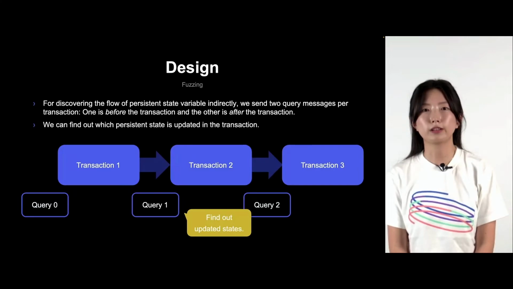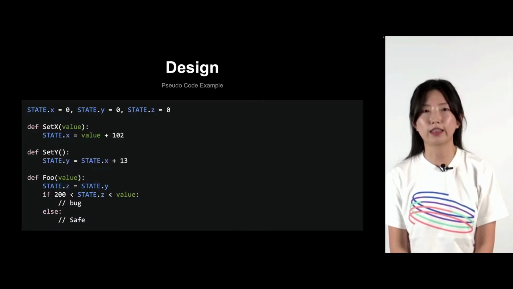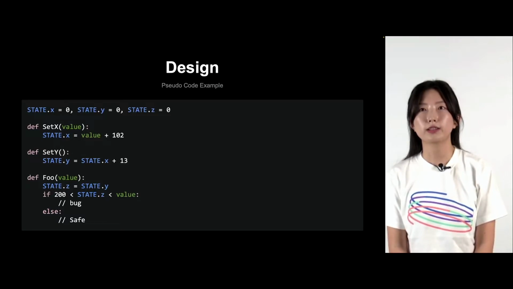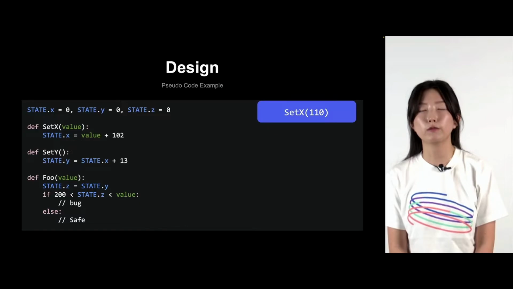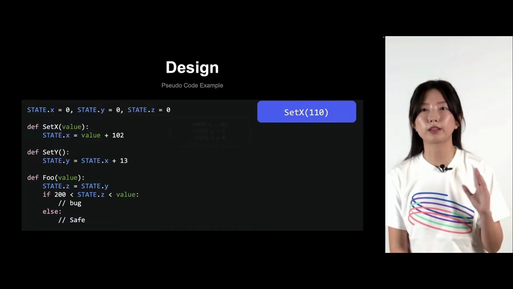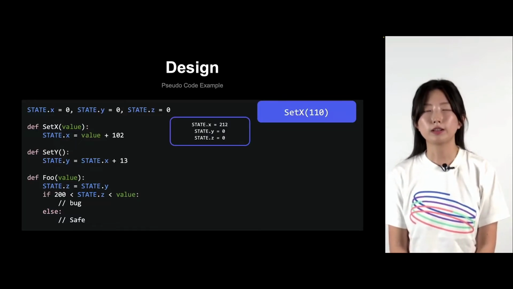I talked about the illustration code in the challenge section. By sending the query message, you have the initialized state information. And when you execute setx 110, you send the query again, and you find out that the x value has changed.